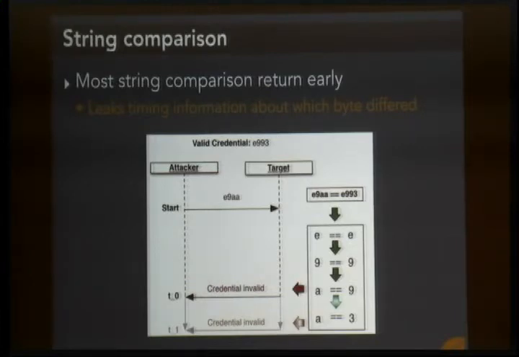Now the attacker can sample that interaction many times, send the same credential, and build up a histogram of timing measurements, and later the attacker can start trying other credentials. Let's say eventually the attacker tries a credential where the third byte is actually correct. Then we see that the server takes a little bit longer to respond. It's responding at time t1, and this is telling the attacker something about the next byte of that credential.